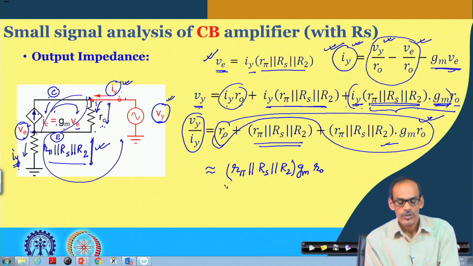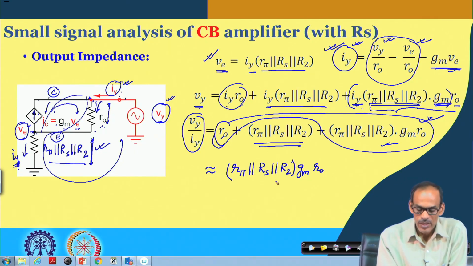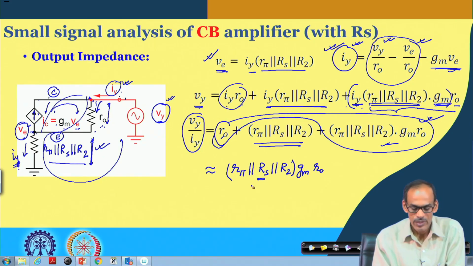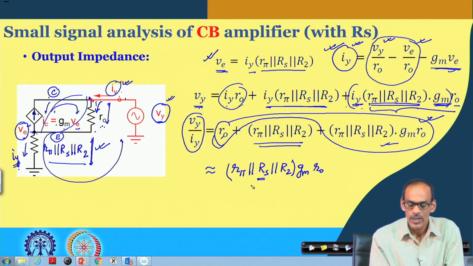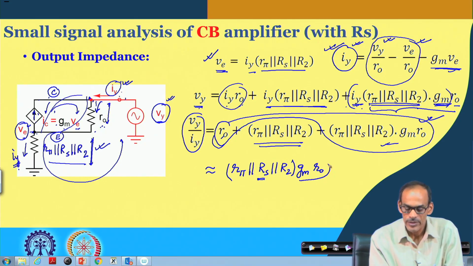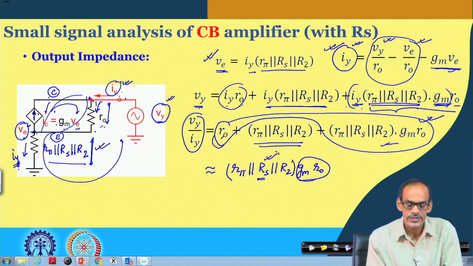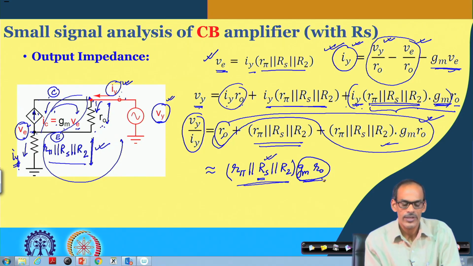So, if you observe carefully, even if the R s is not very big, whatever the value it is there, that is getting multiplied by Gm into R naught. So, even if I say that R s is not so big, whatever the value we do have, since it is getting multiplied by Gm into R naught, which is the intrinsic gain of the amplifier, that gives the output resistance very high.